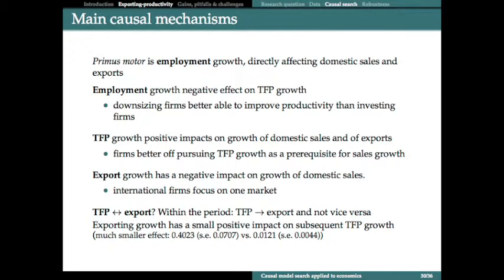Okay, so first description of this preliminary result. The first driver here is employment growth that directly affects domestic sales and export. So employment growth has a negative effect on the productivity growth. Like downsizing firms, one interpretation of this is that they are better able to provide productivity than investing firms.